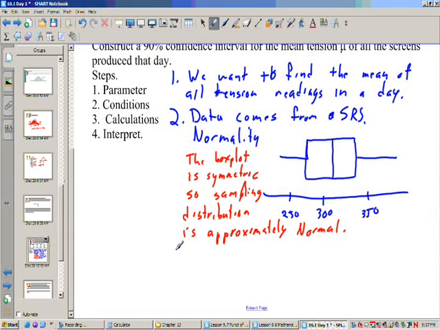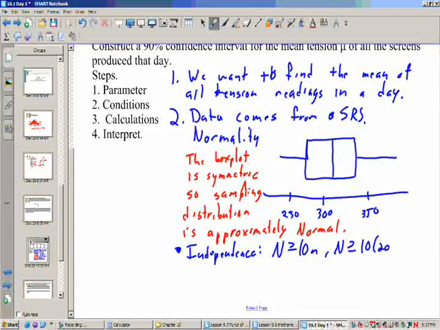All right. Now the third condition is independence. So we're sampling without replacement, so we need to check that n is greater than or equal to 10 times little n. So that's the population has to be bigger than 200.